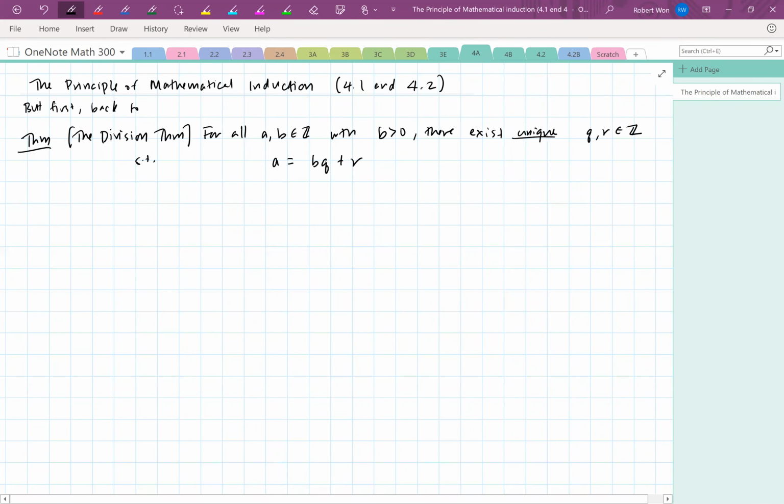Okay, right now, as I've stated it, this is not true because there's lots of ways to write a as bq plus r, but there's a unique way if you impose that the remainder is non-negative and less than b.